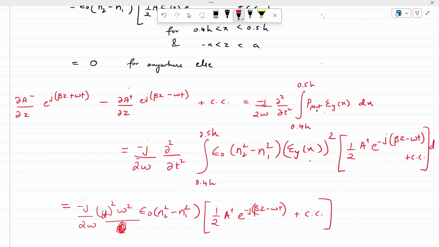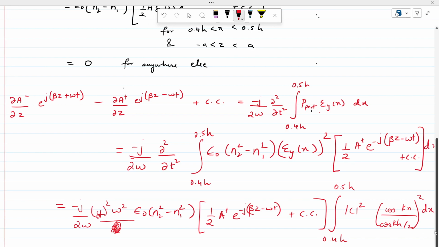So the only term that depends on x is this term, from 0.4h to 0.5h. The square will be cos of kappa x by cos of kappa h by 2, squared, dx, right?